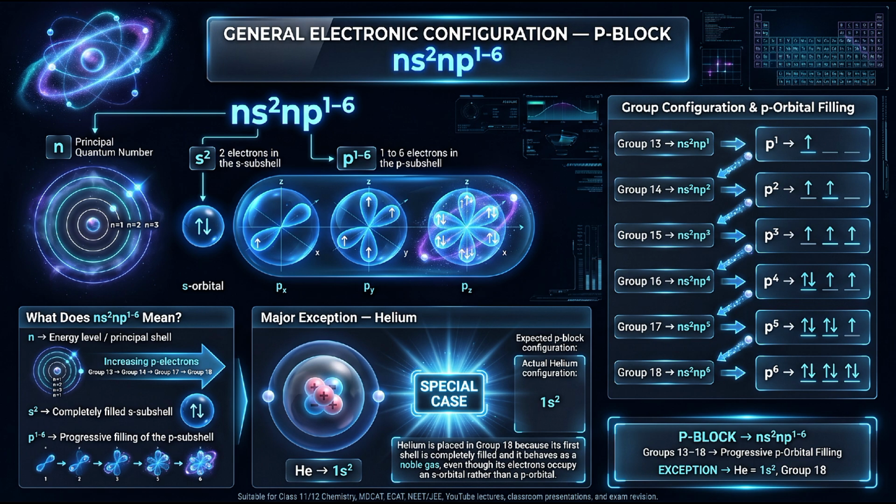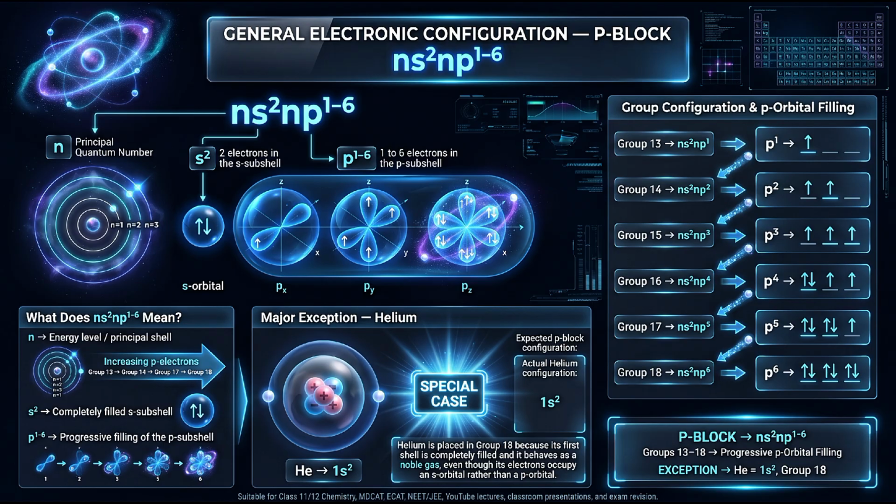Therefore, helium is a special case. It is positioned with the noble gases in group 18 because of its chemical properties and stable filled shell, even though its actual configuration does not follow the usual p-block configuration ns²np.